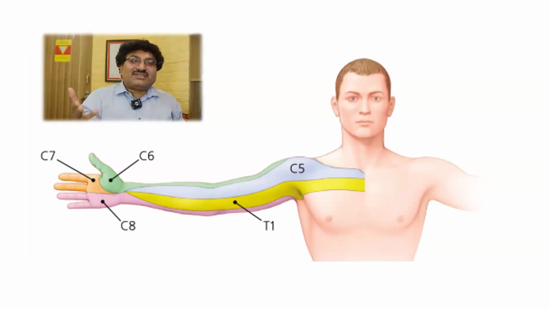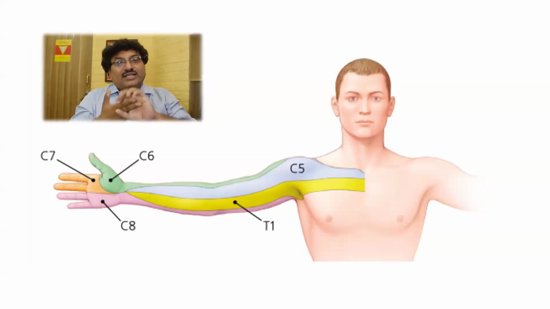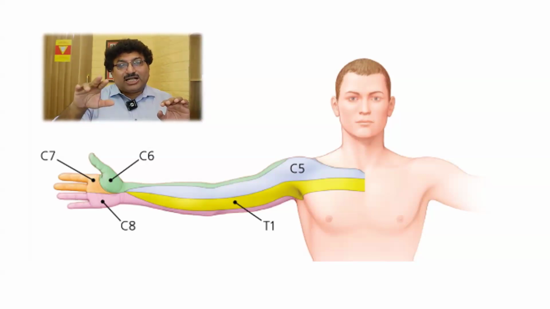For C7, it can go to this finger. This is the typical symptom the patient usually describes: I am having a little bit of numbness in these two fingers, or I am having numbness in the little finger. By that way, the patient actually tells you, and you can try to find out the cause from this.